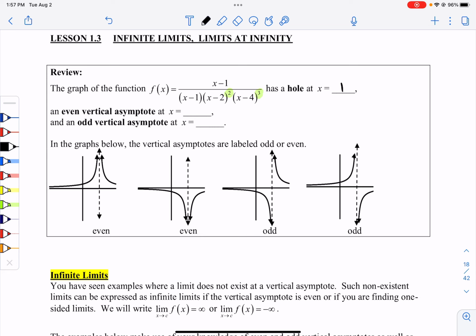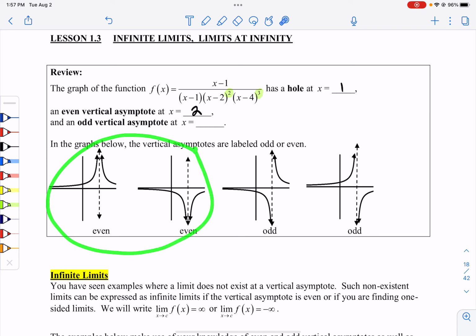If the exponent is even, it's called an even vertical asymptote. So at x equals 2, we would have an even vertical asymptote. And if you look down below, all that means is that both sides of the asymptote, notice how my graph is going the same direction. So over here on the left, I'm going up. On the right, I'm going up. On the left, I'm going down. On the right, I'm going down. That is called an even asymptote.